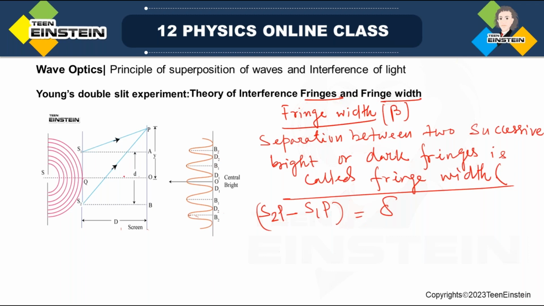Look here, I will consider two triangles to find out what S2P and S1P are. S1P is this, so I can take this triangle, and I can take another triangle, this one. Let me find out the path difference.